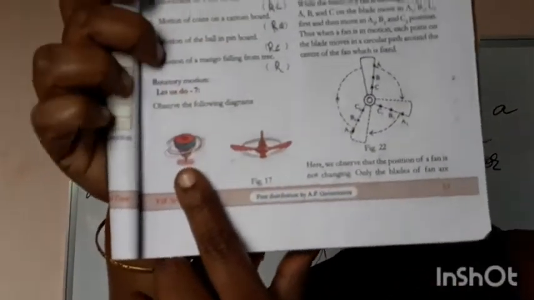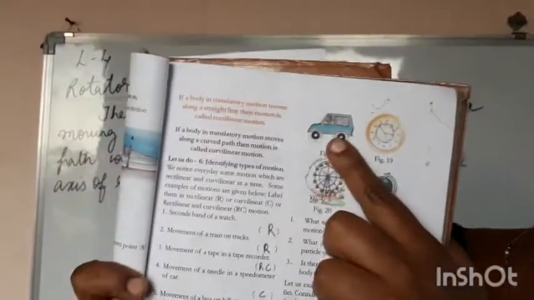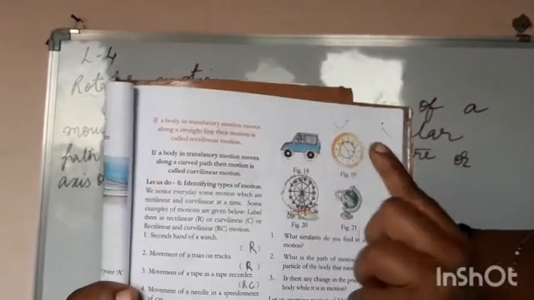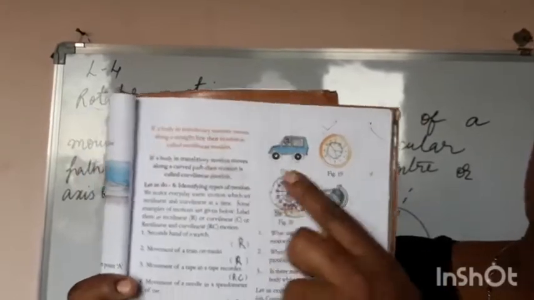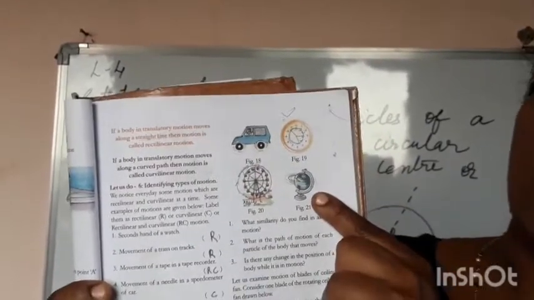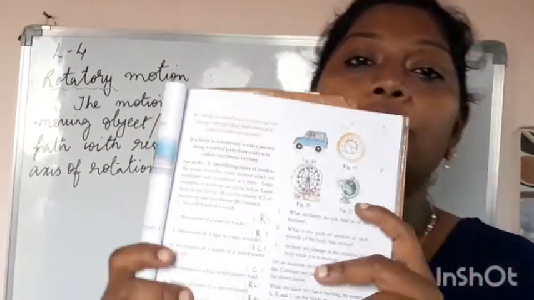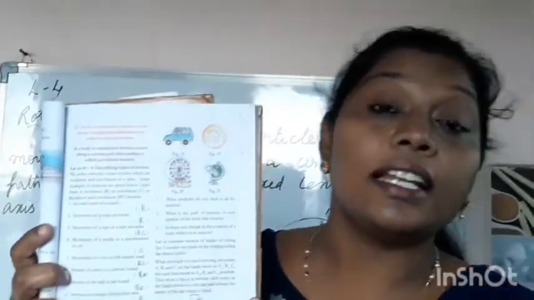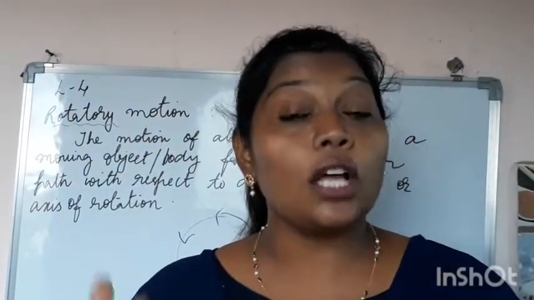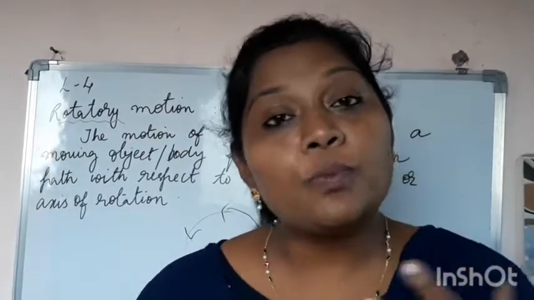You can see at the top a fan, the wheels of a car, the hands of a clock, a giant wheel, and a globe. If you observe any of these 6 pictures carefully, children, you can clearly see what a rotatory motion is. If you see a spinning top.